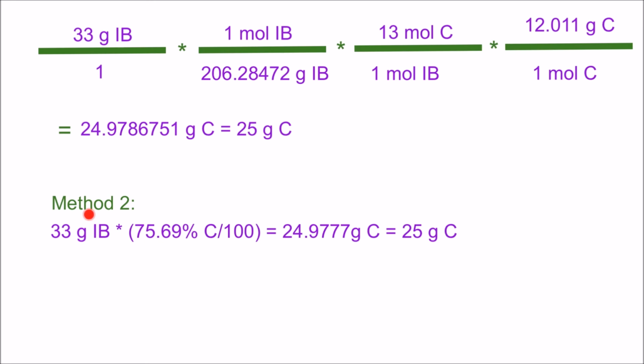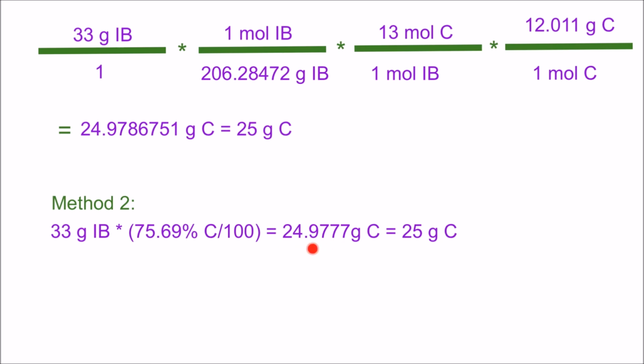So we're going to say 33 grams of ibuprofen times carbon's percentage here will tell us how much carbon there is in 33 grams. Now, we're dividing here by 100 because we don't want a percentage as our answer. We want to know the actual amount of grams. So we're going to divide the percentage by 100 and then multiply by 33 grams of ibuprofen.